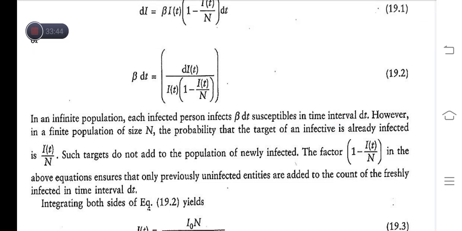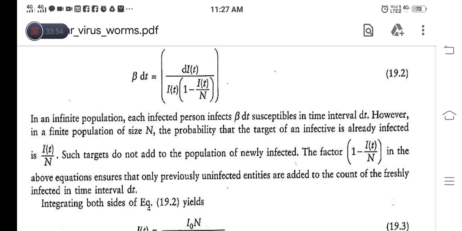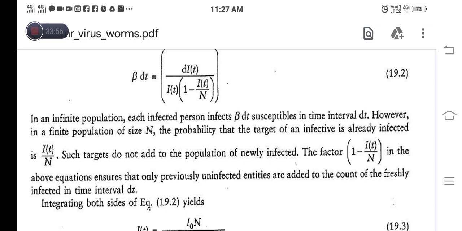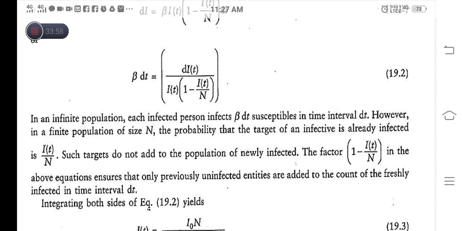But in a finite population of size N, the probability that the target of an infective is already infected is I of t by N. That means I already have this many infected entities, I of t divided by N. Such targets do not add to the population of newly infected, right?